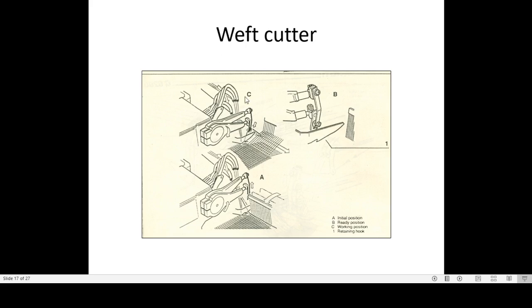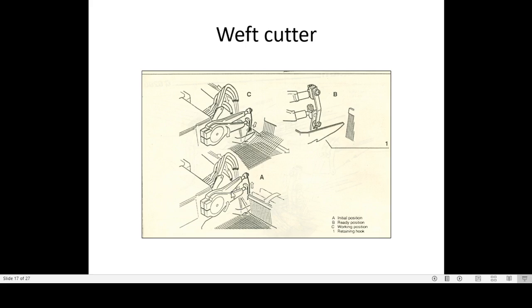See here the parts in the weft cutter. This is the cutter ready position, bottom cutter, top cutter, and this is the retaining hook, and this is the reed on the left hand side of the rapier at the picking side. Here we can see the initial position, the weft selector is down.